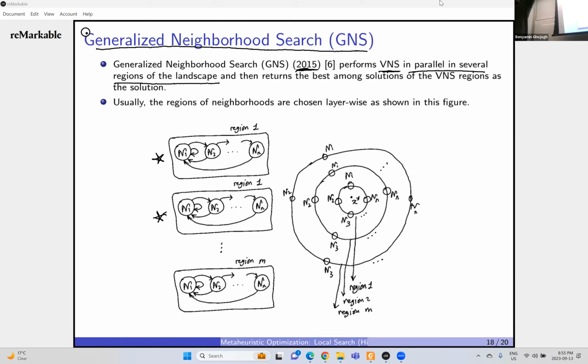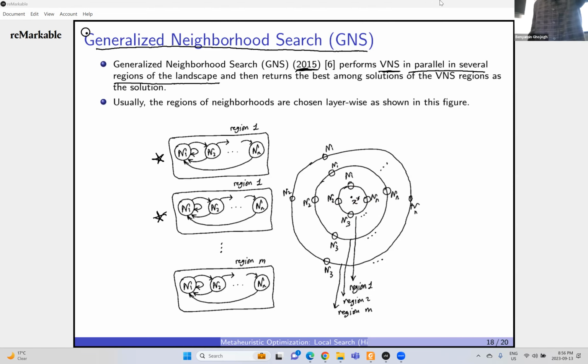Usually they choose the neighborhoods in this way. So assume X star is given by the initial local searches here. Then region 1 will be with some radius around it. And on that circle around it, or hypersphere around it, I choose some neighborhoods. Then I increase the radius. Then I search around that. Why am I always around X star? Because X star is the best that I found by the local search.